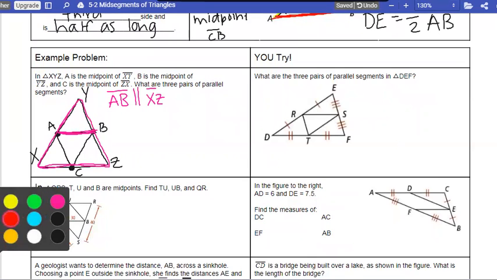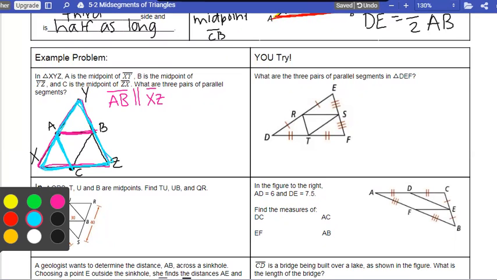So now if we tilt our paper, our computer, let's look at this triangle over here. I'm going to draw it in blue now. It's the same triangle, but now let's look at this side. So what two lines are parallel now?